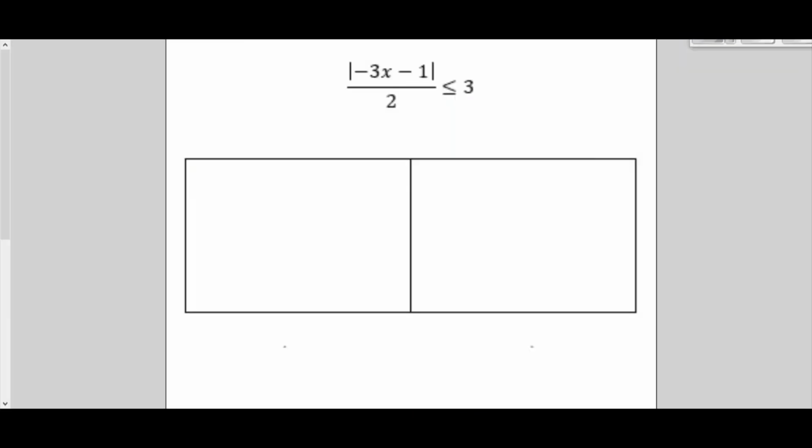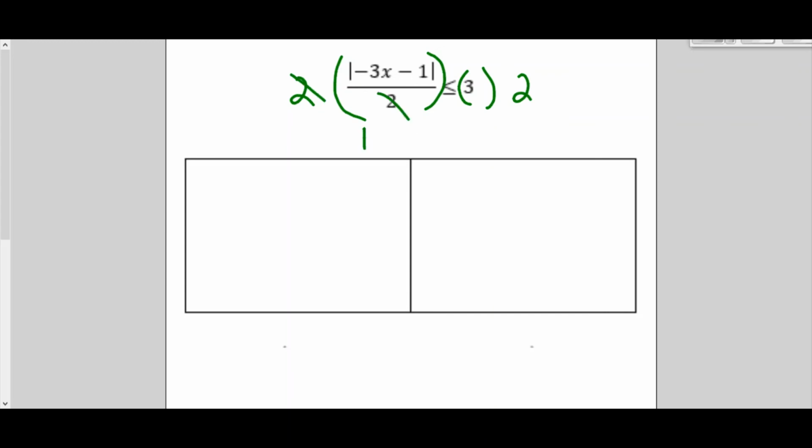Here's another example. The absolute value of negative 3x minus 1, divided by 2, is less than or equal to 3. Remember, your goal is first to get the absolute value by itself. Notice I have division by 2 that doesn't take place inside the absolute value. It takes place outside. So first, multiply everything by 2. These 2s cancel.